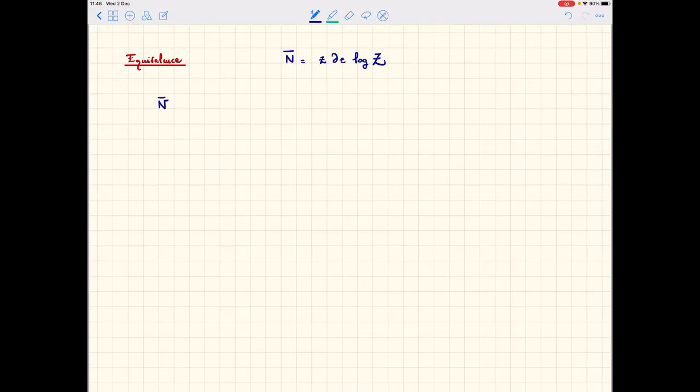Which is n squared average minus n average squared. This can be obtained by, I'll let you prove the following identity: if you take z d/dz of n bar, then you obtain exactly the fluctuations.